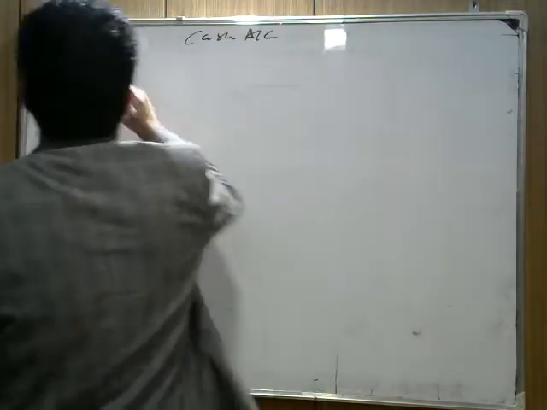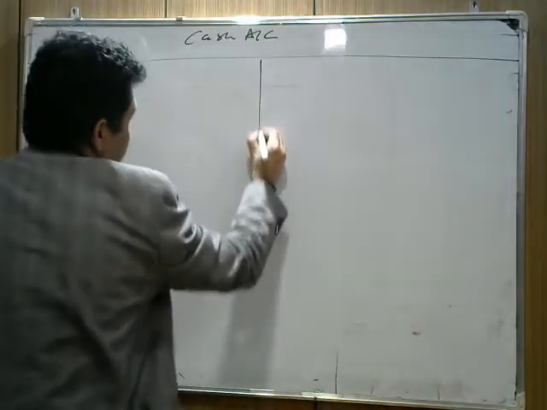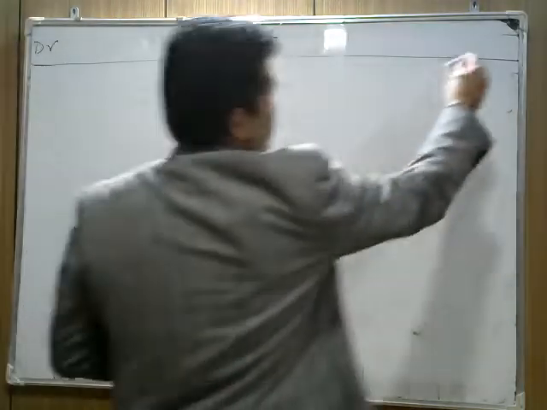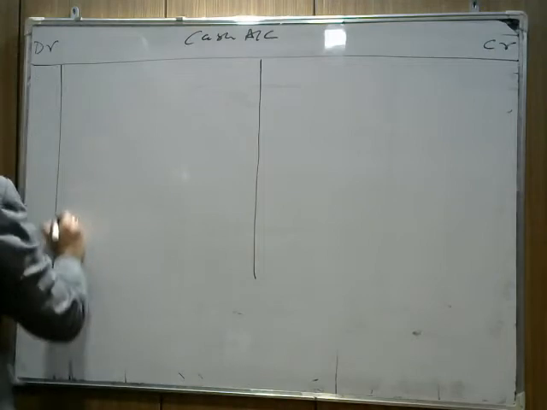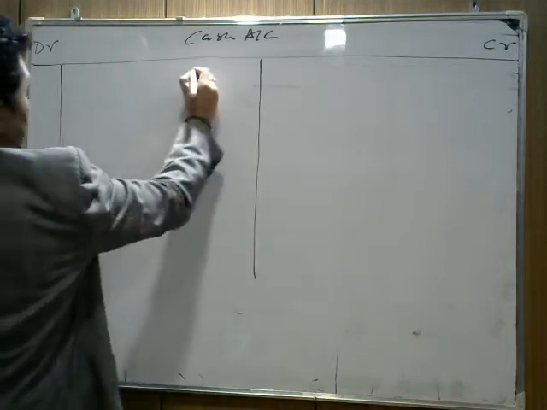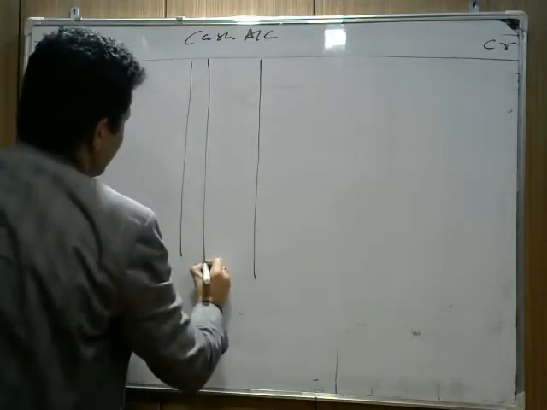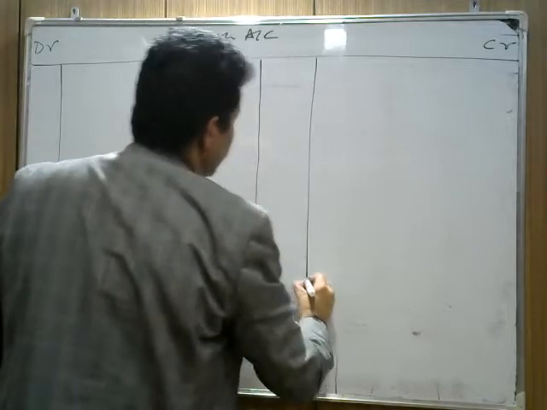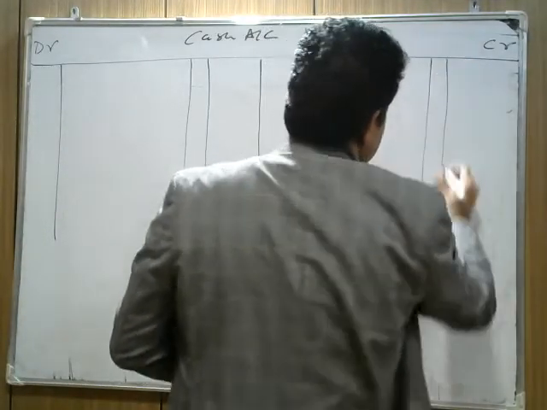The first thing is cash account. In the first ledger, cash account. Here I told you ledger is a T-shaped account. This side is called debit side. This side is called credit side. First thing is we write date. Then we write particulars. Then we write the column of LF, ledger folio. Then again we write date. Then we write particulars, and the column of JF is here.